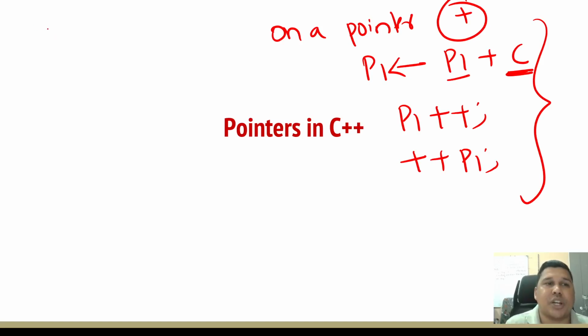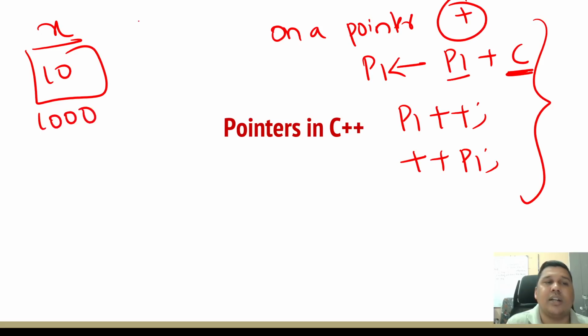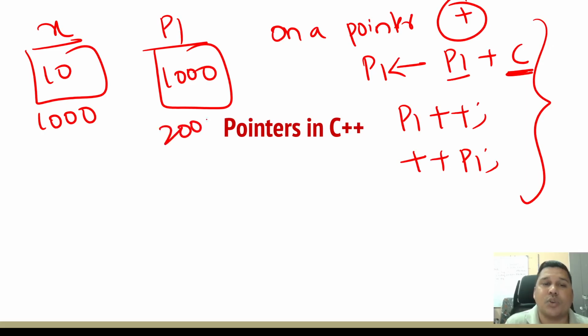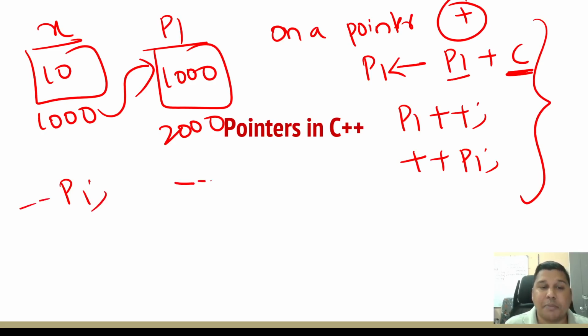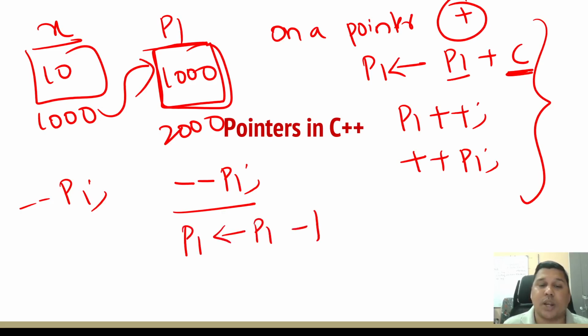Let's come to subtraction. Same case, you have x here, 10, address is 1000, and you have p1, it contains 1000, and address is 2000. Now if I write minus minus p1, this is a pre-decrement statement. Whatever content is there in p1, take it, subtract 1 from that. So its meaning is p1 minus 1.